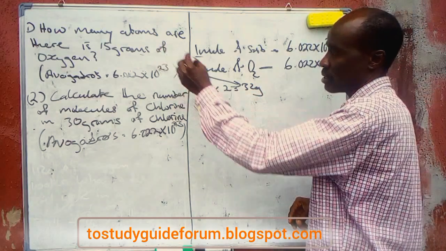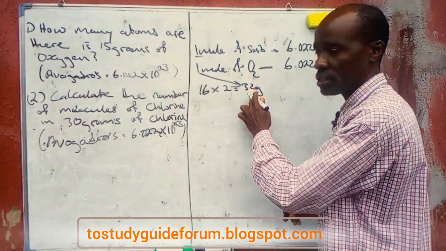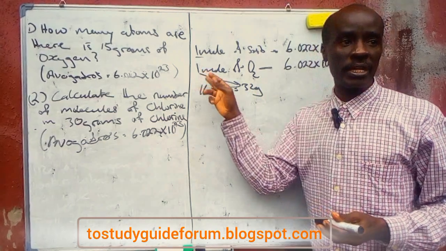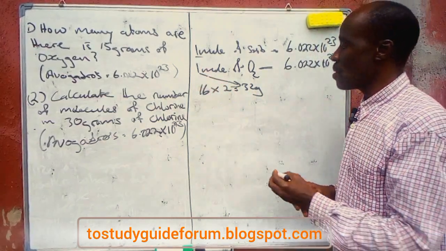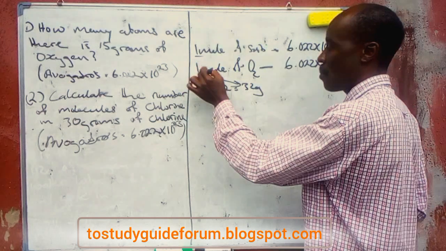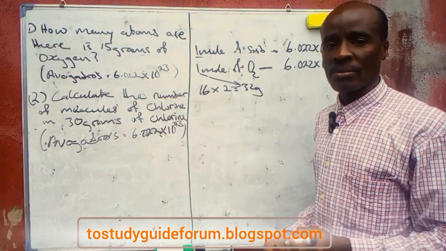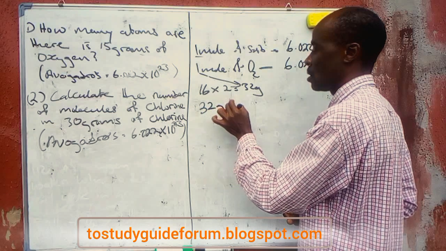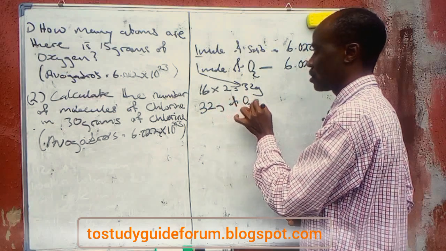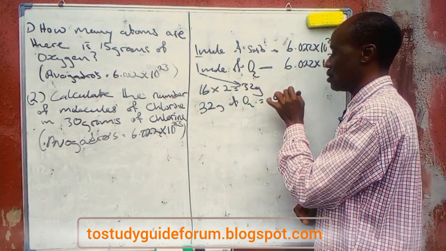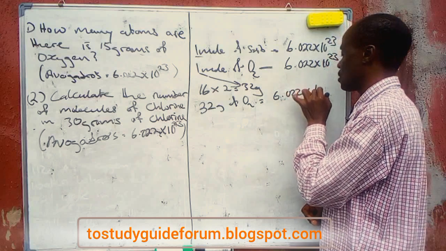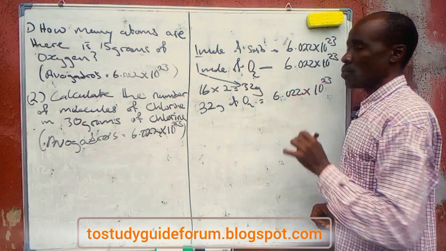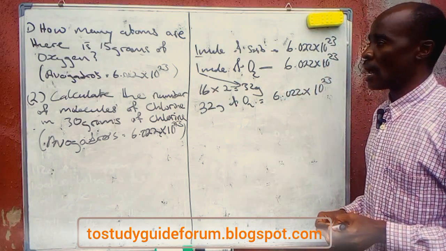Since we are looking for the grams there, we can substitute this for the mole. Since one mole is equal to 32 grams of oxygen, it simply means that 32 grams of oxygen will be equal to 6.022 times 10 raised to the power 23.